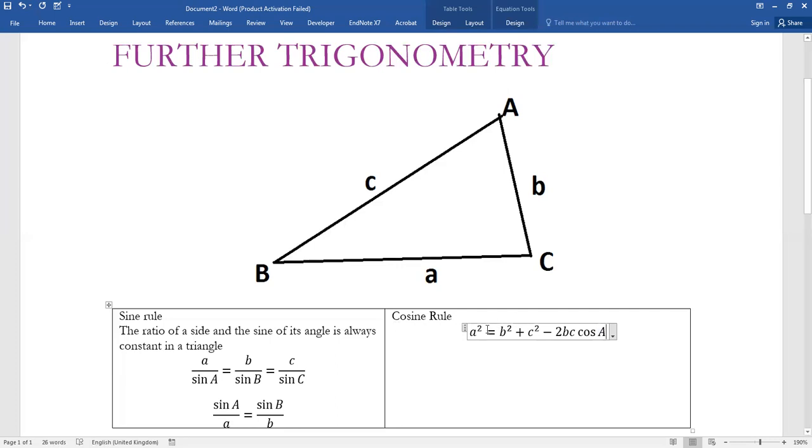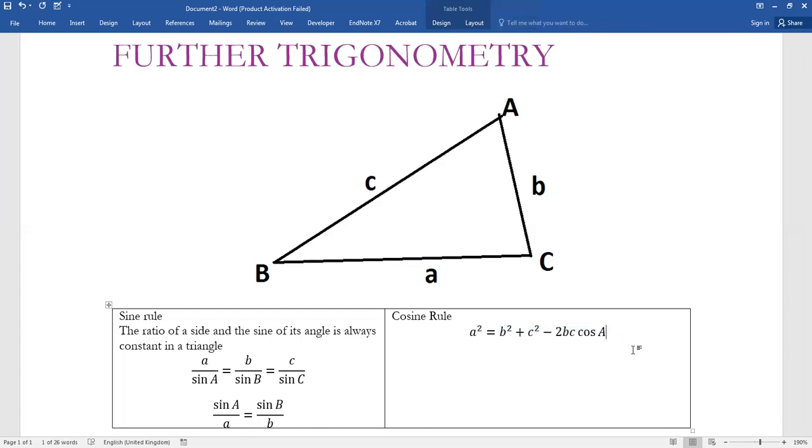Just write the Pythagoras theorem, taking one of the sides, and just write minus 2bc cos A. If you want to memorize it, this is the one that you should memorize. I don't urge memorization, but if you practice it enough, it will be on your fingertips. But if you're struggling with practicing it, I urge you to write it again and again whenever you use it for any particular triangle.